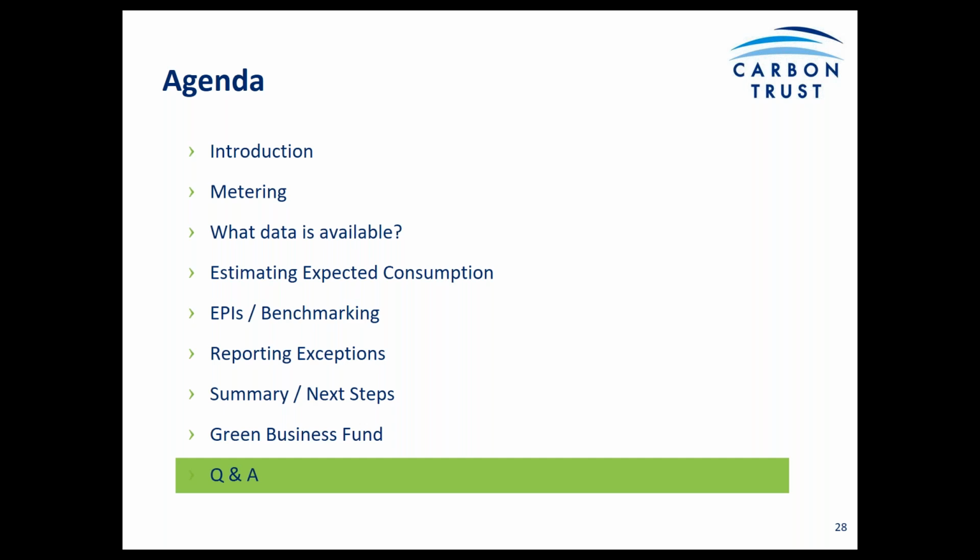One question here, it's quite a good one actually, so someone said we operate a site with both offices and warehousing facilities, each of which have very different requirements in terms of temperature, lighting levels, and general working conditions. So the question is, how would you benchmark against the Sipsey figures in this case?